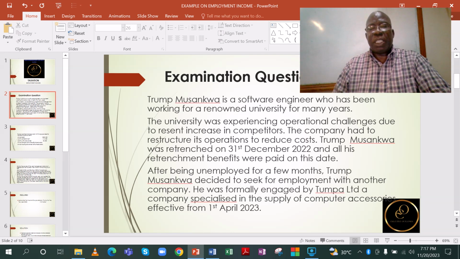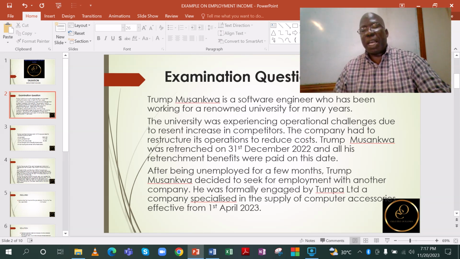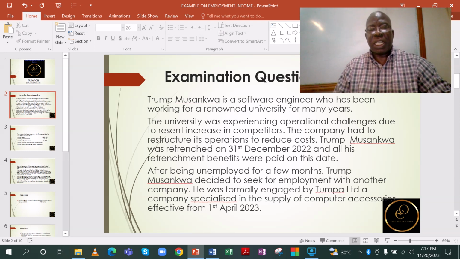After being unemployed for a few months, Trump Musankwa decided to seek employment with another company. He was formally engaged by Tumpa Limited, a company that is specialized in the supply of computer accessories, effective from 1st April 2023.